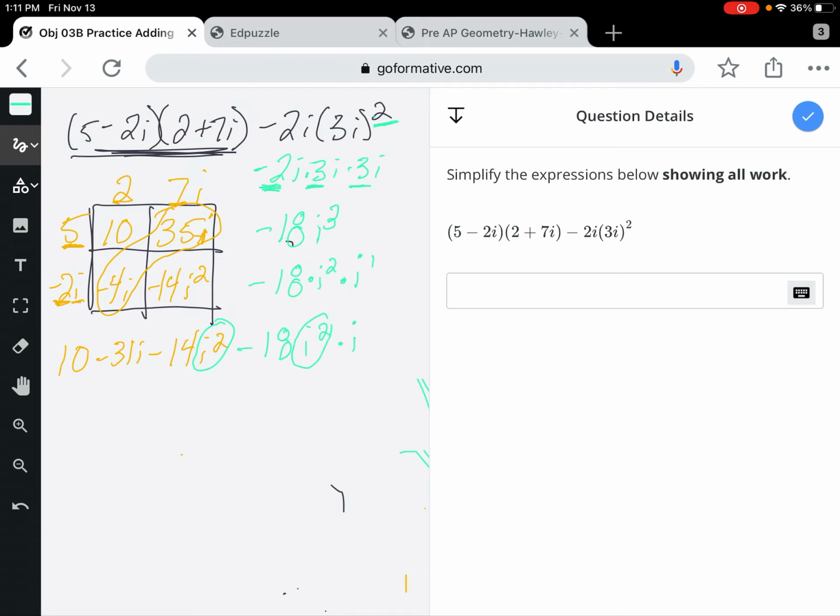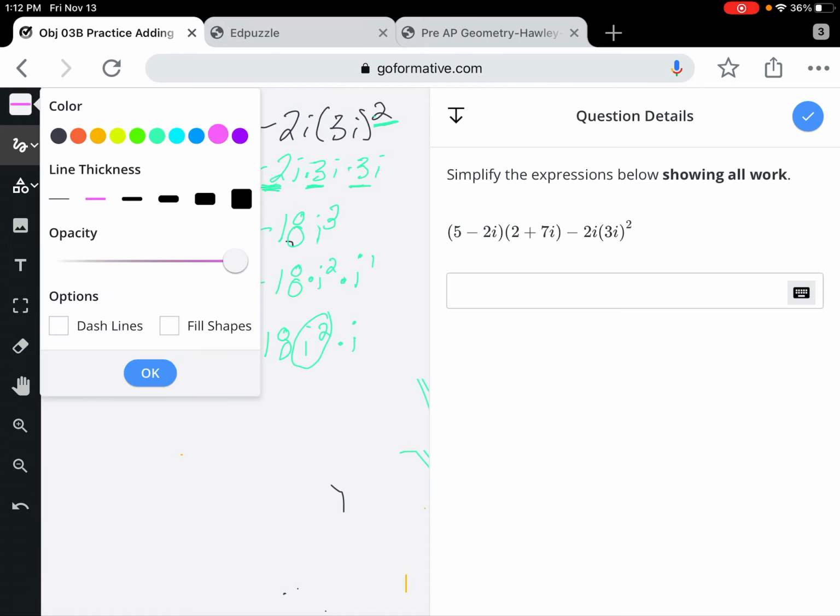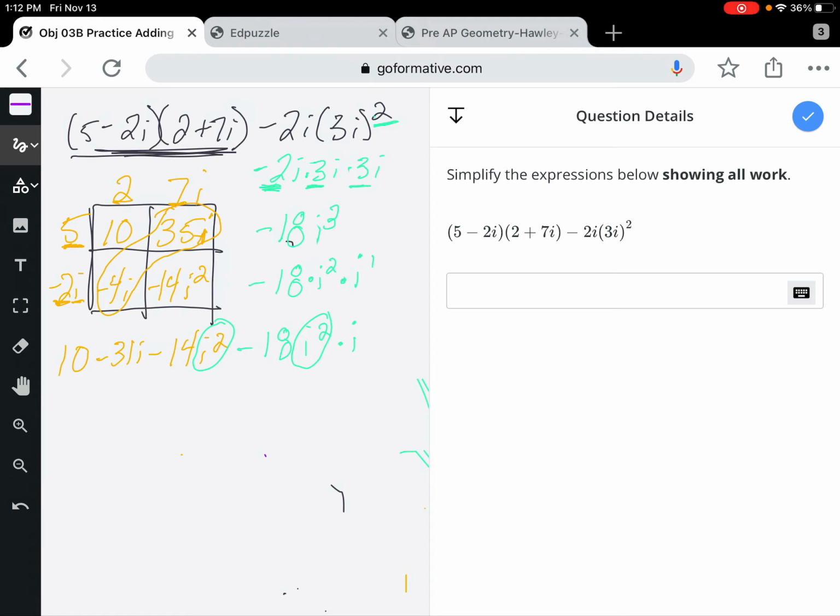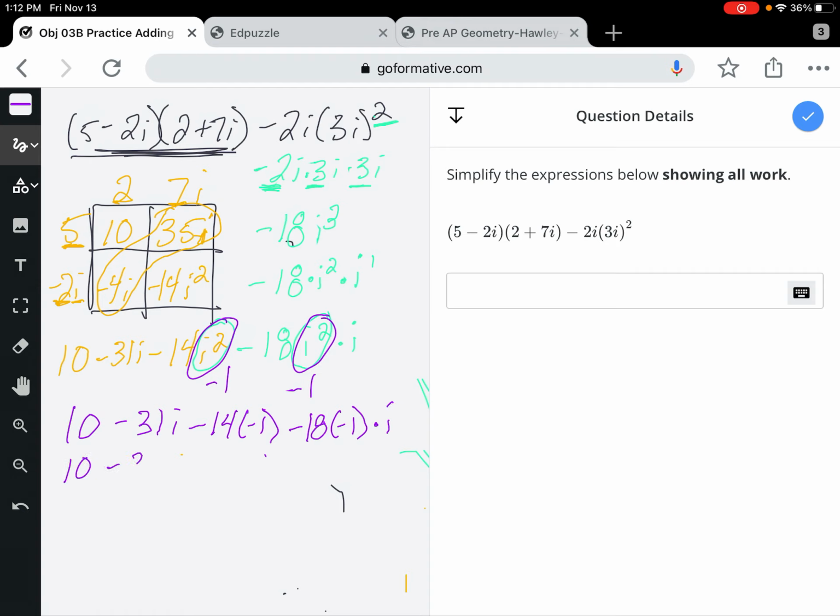I can change all of my I squareds. All of my I squareds need to be changed to be negative 1. So I have 10 minus 31I minus 14 times negative 1 minus 18 times negative 1 times I. I multiply everything out. 10 minus 31I, this is a tough one, plus 14 plus 18I.